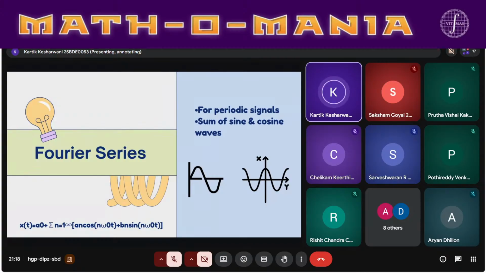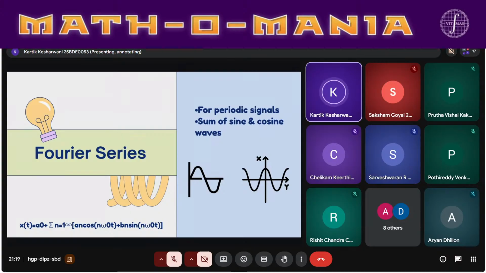To visualize this, imagine trying to recreate a square wave. At first, it looks nothing like a sine wave, but if you start adding sine waves of different frequencies in the right proportions, you will slowly see that the shape begins to resemble a square wave more and more closely.